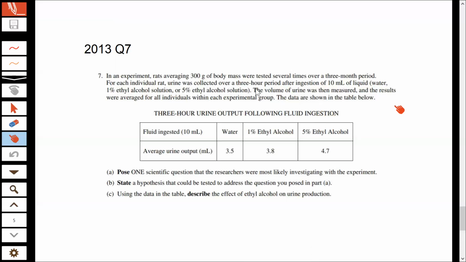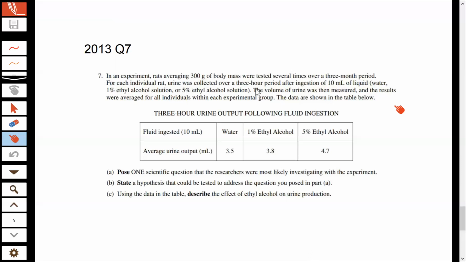State a hypothesis that could be addressed, right? It doesn't even have to be correct. It's just a hypothesis of a potential answer to that question. So maybe a correct hypothesis is, if a rat ingests more ethyl alcohol, it will produce more urine. Or you could have a bunch of different hypotheses.